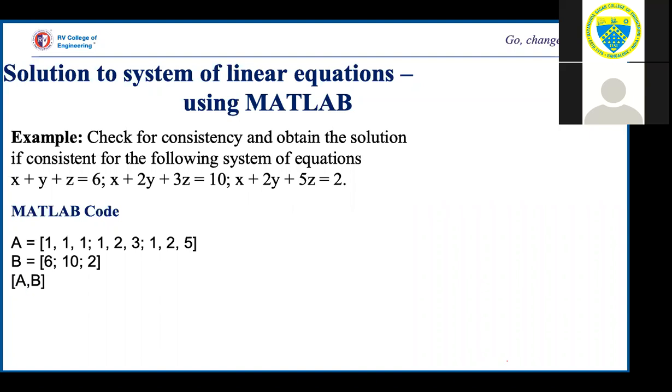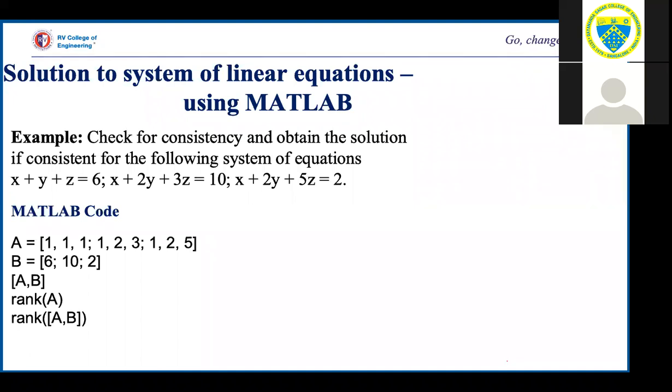What is the usual way? We construct the augmented matrix A is to B, right? So we need to append the elements of A and B in a single matrix. Square bracket A comma B will arrange the elements of A and B together. Then we need to find the rank of A, and the rank of matrix A comma B. If the two ranks are same, the system will be consistent.